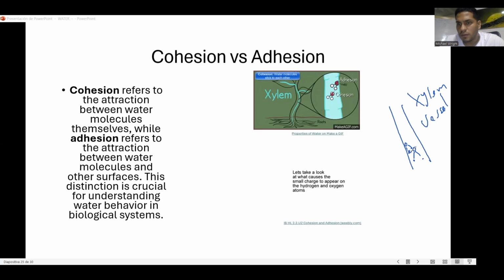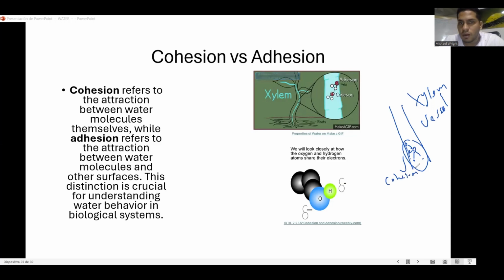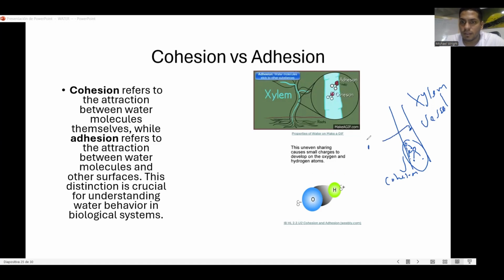Between water molecules is known as cohesion. But when those water molecules hit the walls of the xylem, something called adhesion happens, right? The water molecules will adhere to the xylem walls, and this is called adhesion.